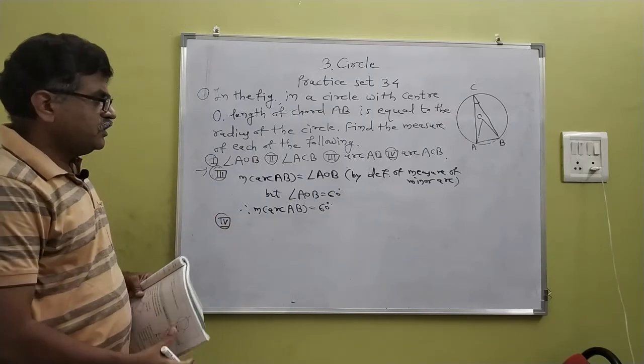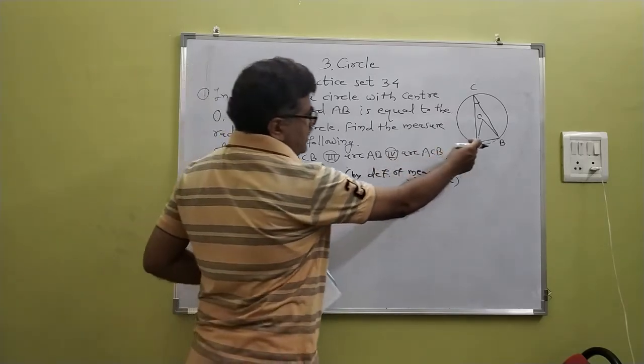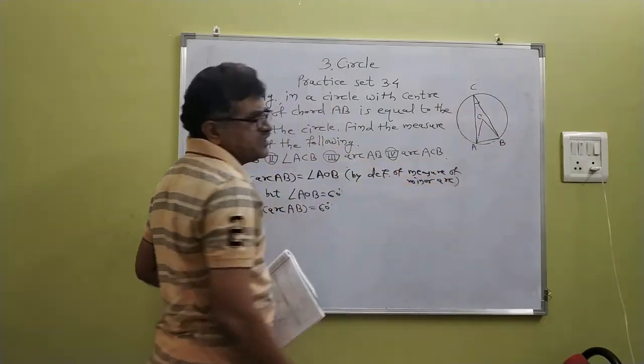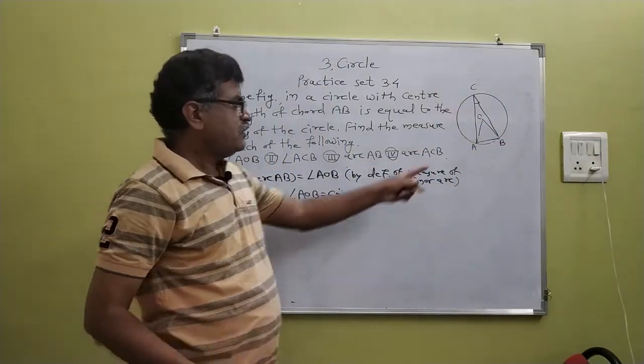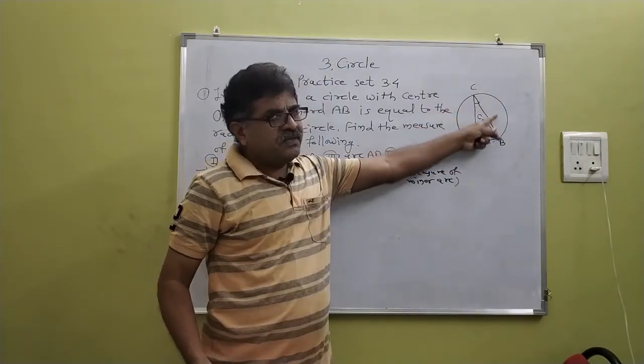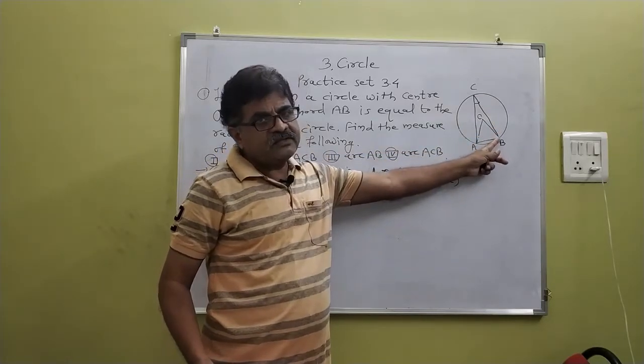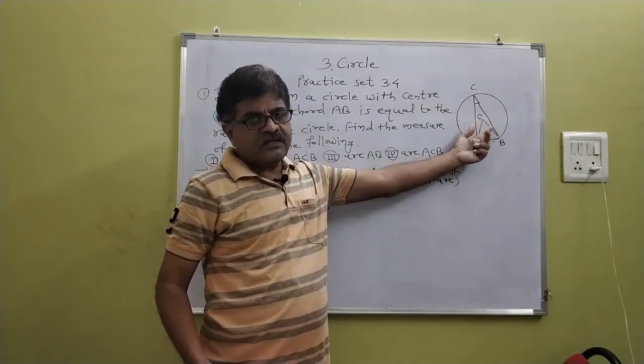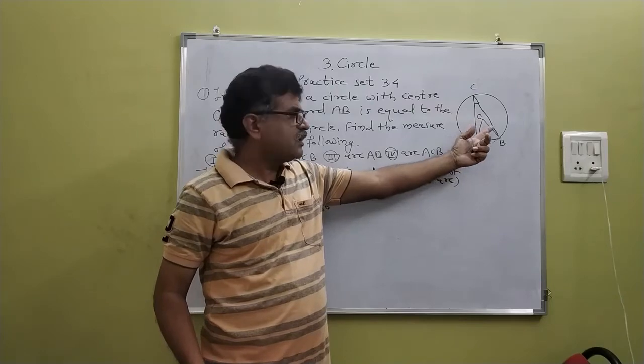And fourth, we have to find the value of arc ACB. Now here, arc ACB plus arc AB is equal to 360, that is the measure of the complete circle.